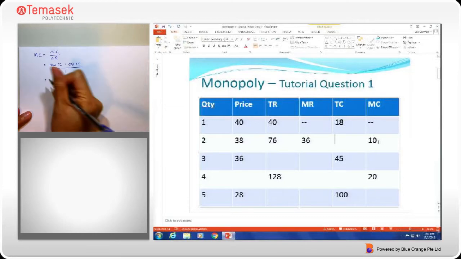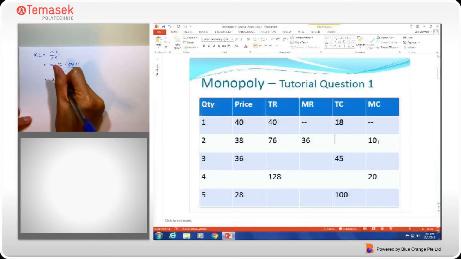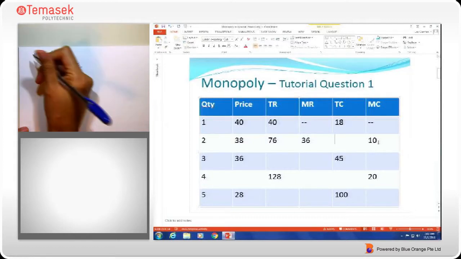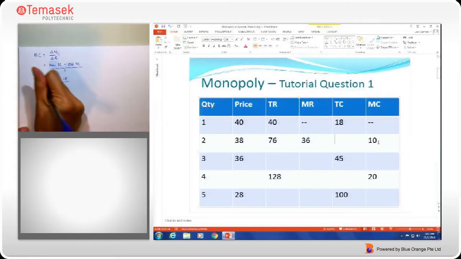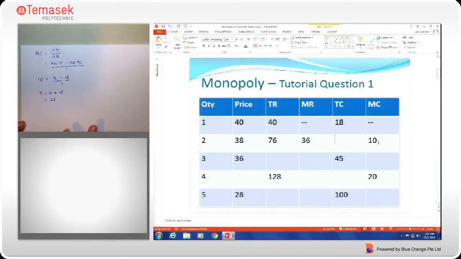We know that's 1. So our new total cost is unknown, so let's put X minus the old total cost, which is 18, divided by 1. Now we have the value of MC, let's put that in, so MC is 10. So if you bring over the 18, we know that X is equal to 10 plus 18 equals 28. So our new total cost value is actually 28, so put that in our table.